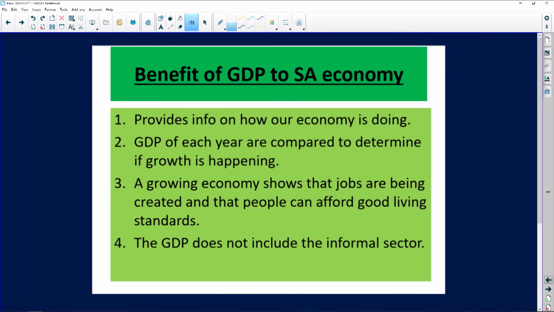All right guys, so moving on, we're going to see how the GDP benefits South Africa. All right, so the GDP, as I've said before, provides info on how our economy is doing. In other words, if the economy is in a good state, healthy, you'll see that there's a lot of jobs, people have a lot of money to spend on necessities and also on things they didn't normally have before.